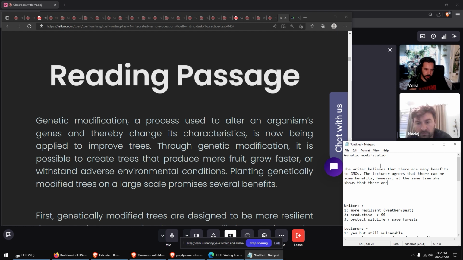So the lecturer agrees that there can be some small benefits. However, she does not think that we should be, for example, investing in, or not invest, we should be using GMOs in the easiest way possible.